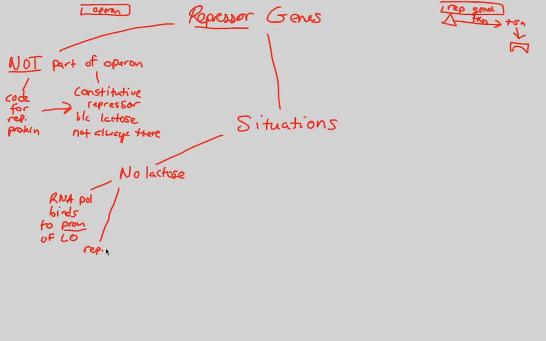Specifically, the repressor that we just coded for, this thing right here that was made downstream or upstream somewhere else, not on the operon, is actually going to bind to the operator region. It literally floats all the way back to this operon and attaches itself to the operator region. Let's call it the binding site. The operator has a binding site, and the repressor is a very good fit for this operator's binding site.